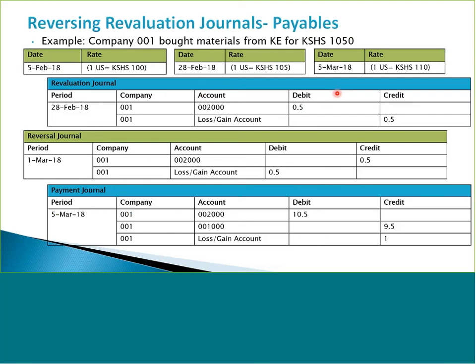Now, when we were doing the introduction to revaluation, we said that revaluation journals are usually reversed at the opening of the next period. We have seen this phenomenon in other concepts when talking about cash and accrual methods of accounting. So why do we reverse revaluation journals?